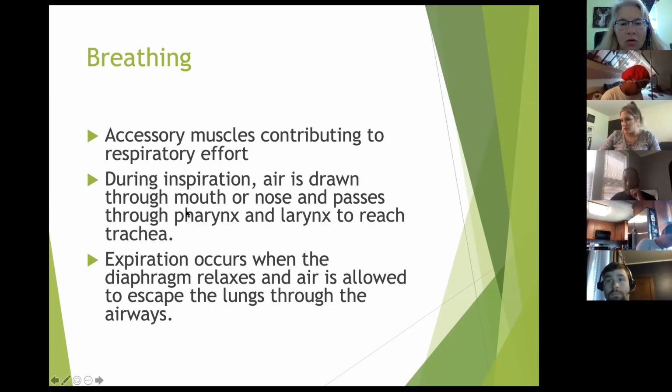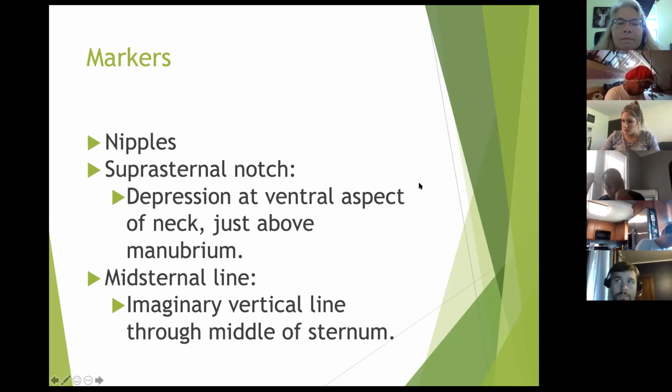Okay, so we've talked about the airflow. It moves in through the nose, down the trachea, into the lungs, and then back out again. Okay, now when I talk about markers, this is what we use. We talked about with the abdomen that we divide the abdomen into quadrants.